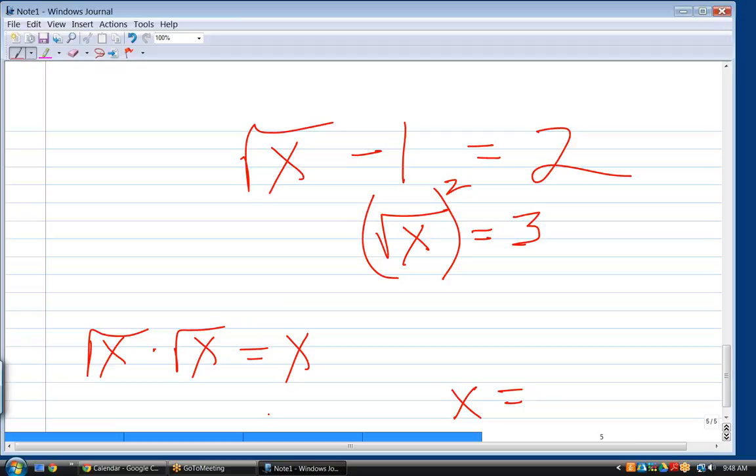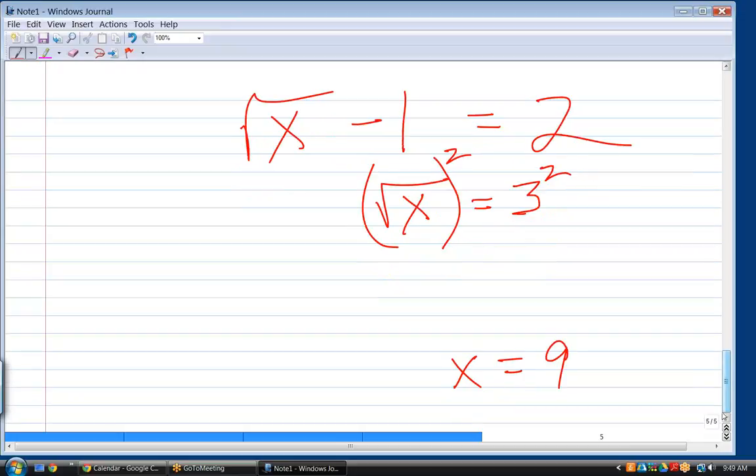Now this might be stuff you haven't had before. Have you dealt with square root radicals? Not really. Well, you will. But again, because I squared the left side, I have to square the right side, and I end up with x equals 9. 3 squared is just 3 times 3.